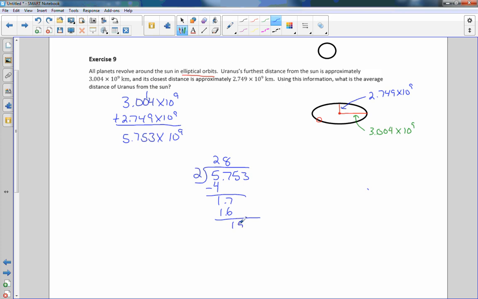Bring down the 1 and the 5. And 7 times 2 is 14. And bring down the 1 and 3. And 6 times 2 is 12. Bring down the 1 and bring down a 0. And 2 will go into 10 5 times. So half of 5.753 is 2.8765 times 10 to the 9th power.